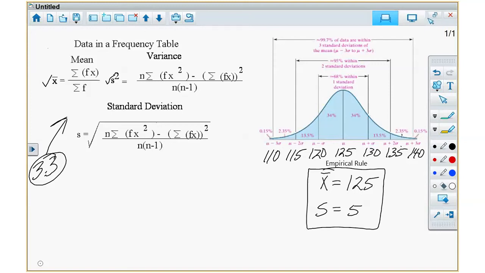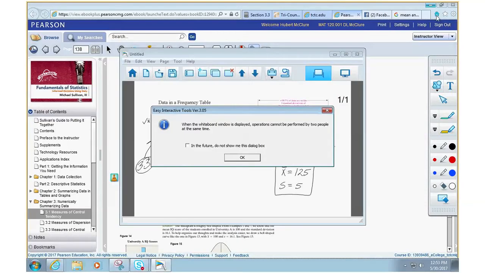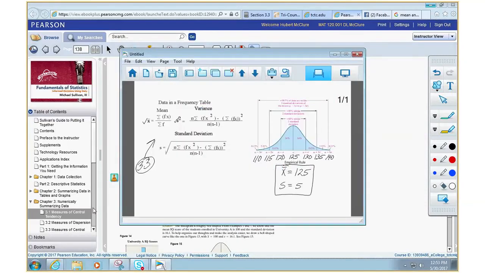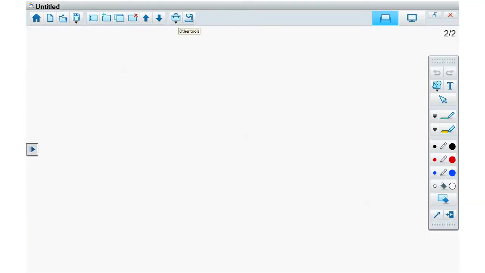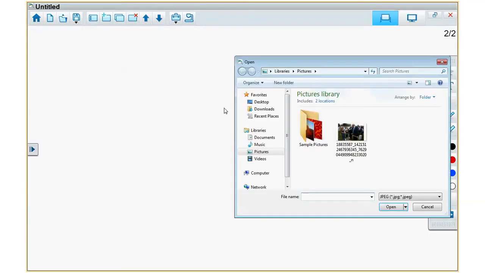So now I'm going to take my handy dandy whiteboard and condense it, and I'm going to pull in. Now I'm going to go to the next screen, and I'm going to pull in my handy dandy formula.